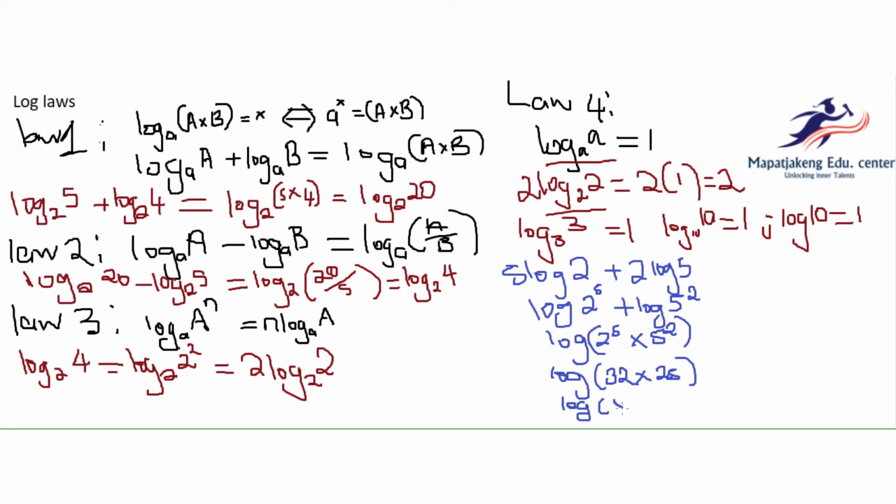My calculator tells me it's 800. Then this is a single log. You can take it from there. If they want you to put it into decimals, you can say log 800, and you get something close to 2.903. Yes. Any question until this point?